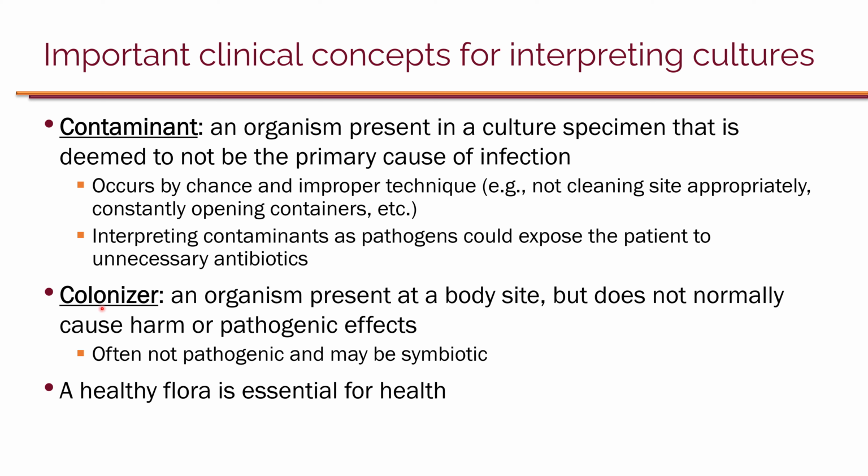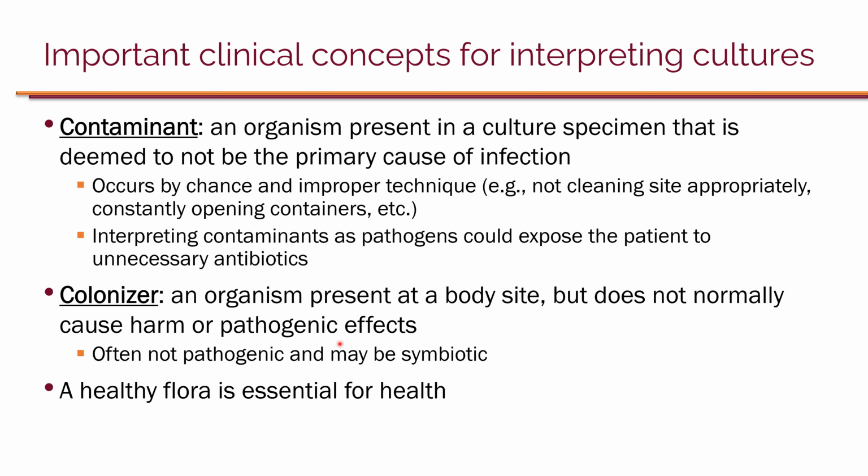The second concept is a colonizer. So a colonizer is an organism that is present at the body site but does not normally cause harm or pathogenic effects. In other words, if you were suspecting an infection and you found an organism at the site of infection, that may or may not have caused the infection.